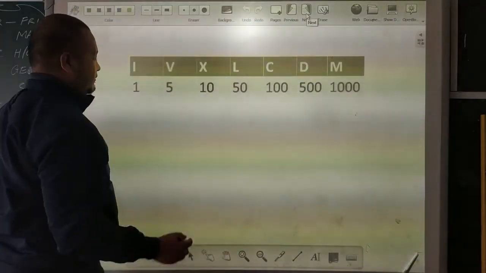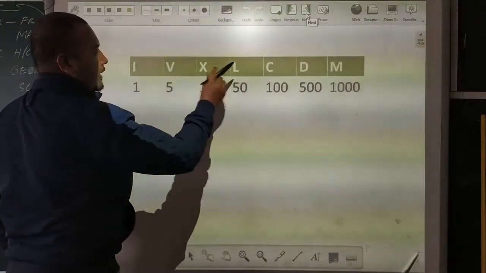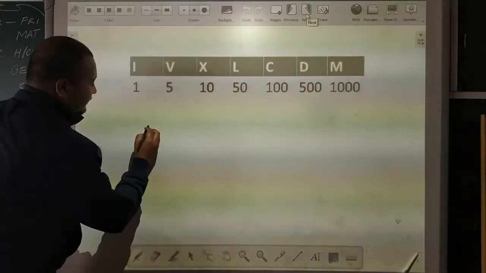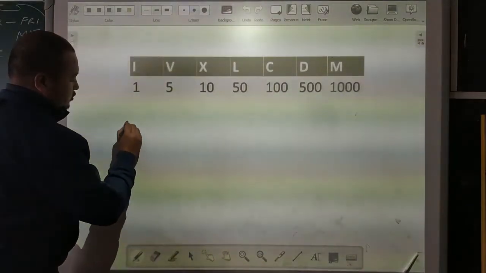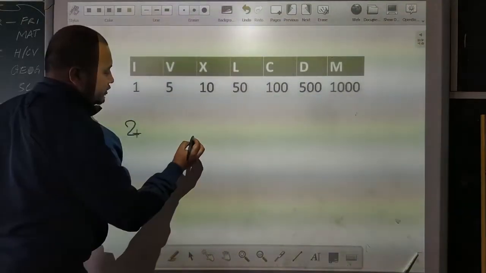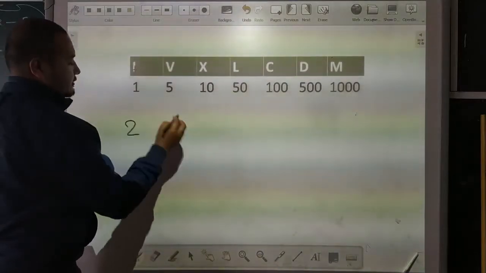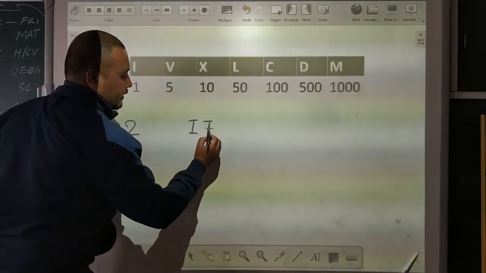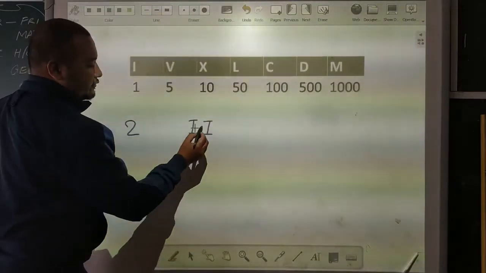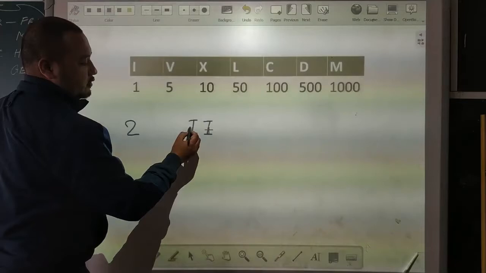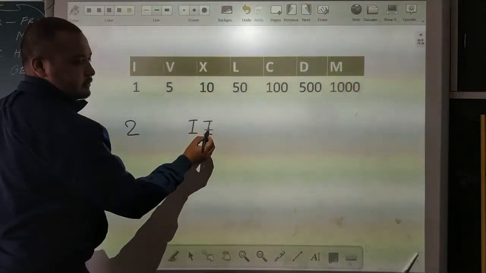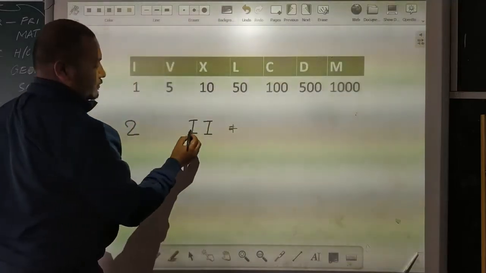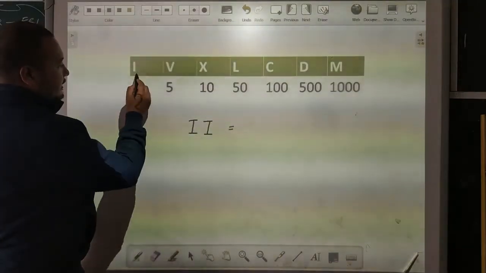Let's look at a few examples. I have the Roman numerals here with the values. If I were to write the number 2 in Roman numerals, I would write I, again I. If two symbols are written together, or repeated, then we add the values. What is the value of I? It is 1.